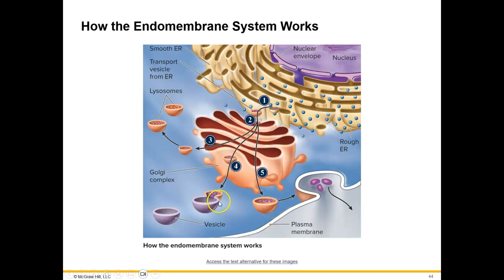So this vesicle is coming and attaching to this vesicle to break something down. This vesicle is going to cozy up to the edge of this plasma membrane where the outside of the cell is, and then basically fuse with that lipid bilayer so that the inside contents can be expelled out of the cell. So that's how we're getting stuff out of the cell.